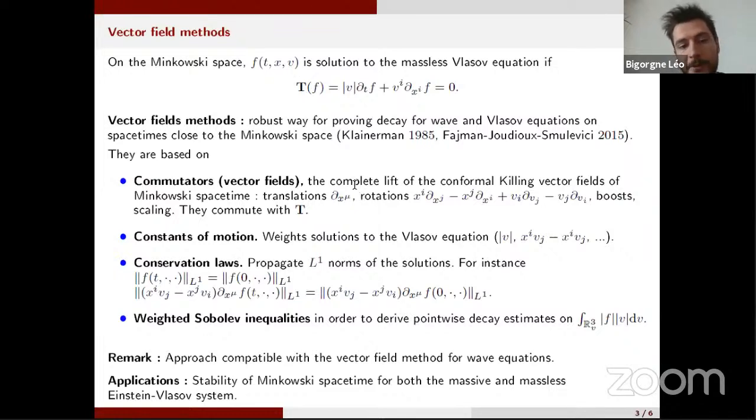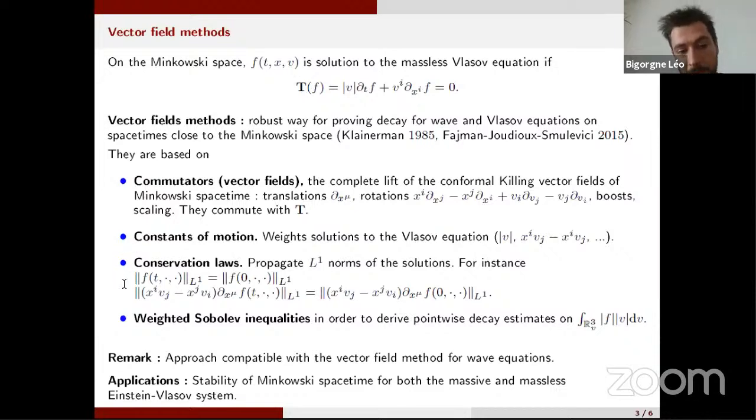So we do not need to know in detail what the complete lift is, but the thing is that we take the conformal Killing vector field of Minkowski, and we add a similar part in v. Okay, so the T,x part of these commutators is exactly the same as the initial conformal Killing vector field. Then we also use constants of motion, which are weights defined on the phase space, and which are preserved along the null geodesics, so that they are solutions to the massless Vlasov equation.